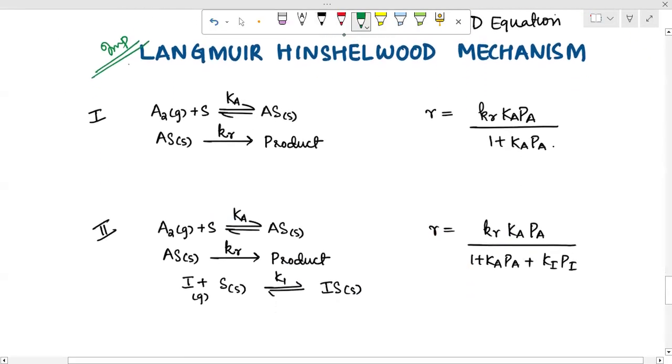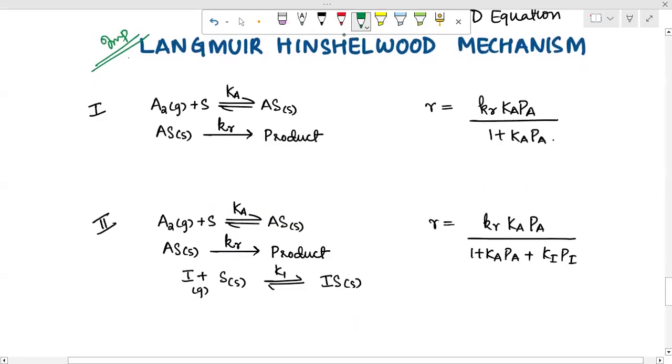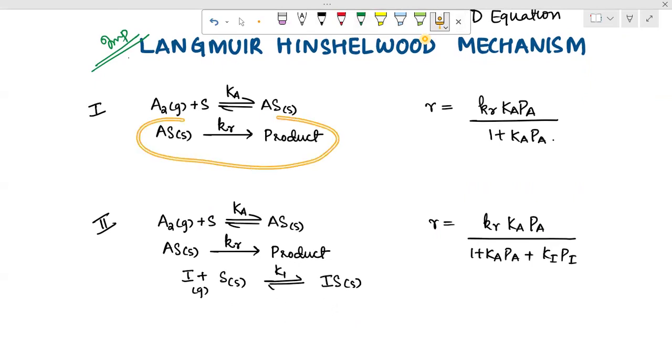And finally, the most important, there are a lot of questions that are being asked recently, is the Langmuir-Hinshelwood mechanism. According to the Langmuir-Hinshelwood mechanism, you have an additional step. Okay, so there is an equilibrium step which is considered in Langmuir's adsorption also. But in the Langmuir-Hinshelwood mechanism, you have an additional step, which is the rate determining step.